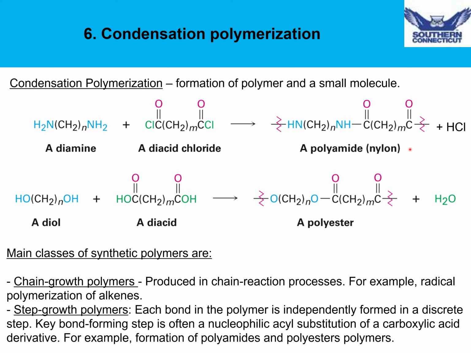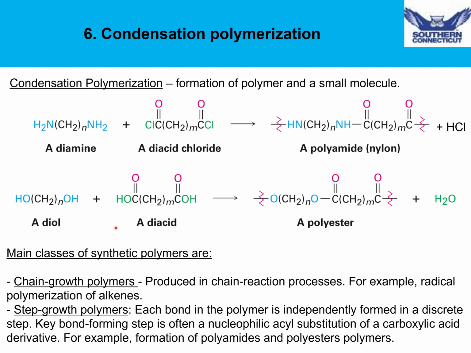Here's another example of a condensation polymer, which involves a diol reacting with a diacid. One of the alcohols attacks the carboxylic acid through an acyl substitution to make a polyester. And if that reaction repeats multiple times, we can make a polyester, or a polymer involving ester bonds.